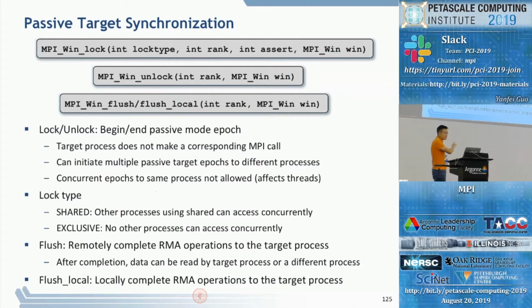So we have flush to complete the RMA operations. That completion guarantees your operation has been issued and it has been completed on the remote side. But there's a lighter call called flush local. What it gives you is that your operation has been issued.